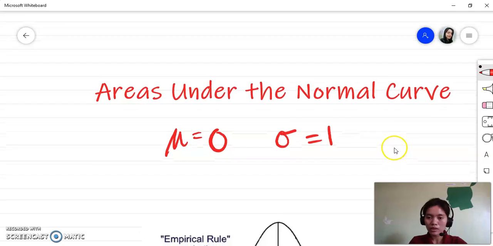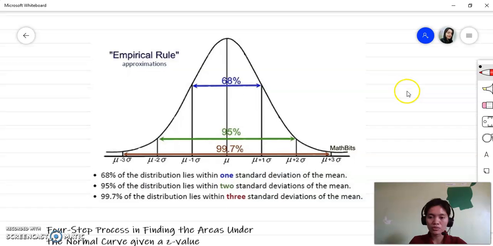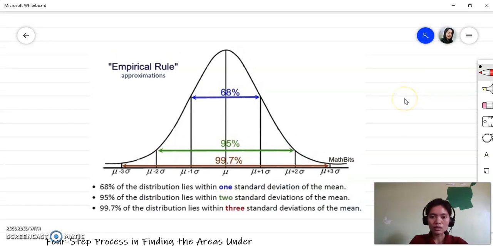On the figure below, we have the illustration of the empirical rule. You can see that 68% of the distribution or data lies within 1 standard deviation of the mean, so from -1 to +1.